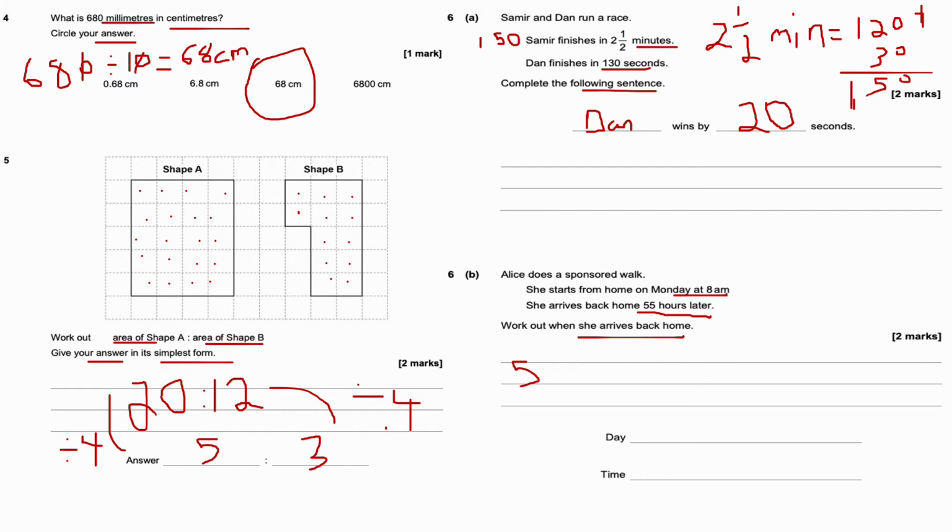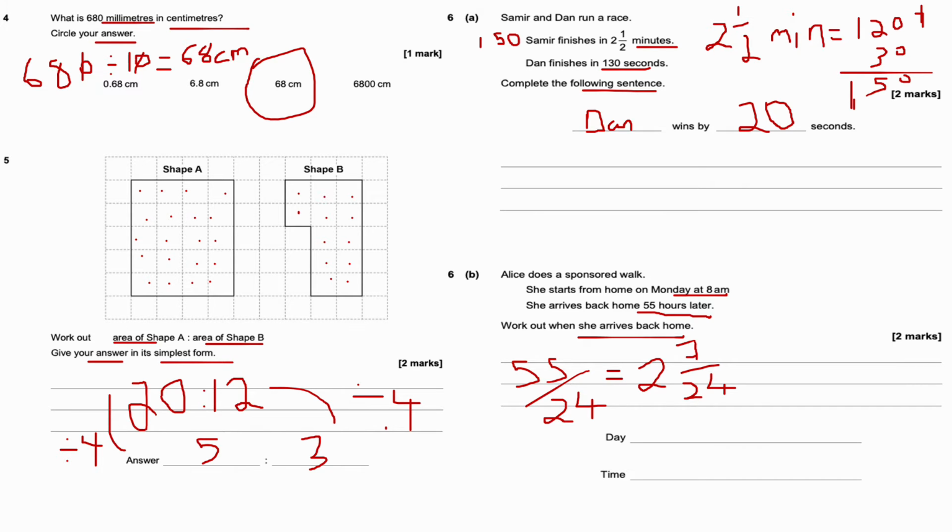Well, 55 hours. Let's just change that into days. 24 hours per day, so 55 out of 24 is 2 days, and then 55 take away 48 is 7, so it's 2 days and 7 hours.